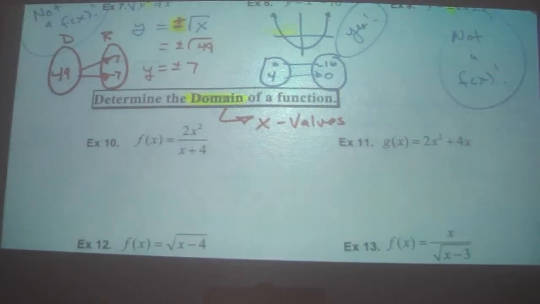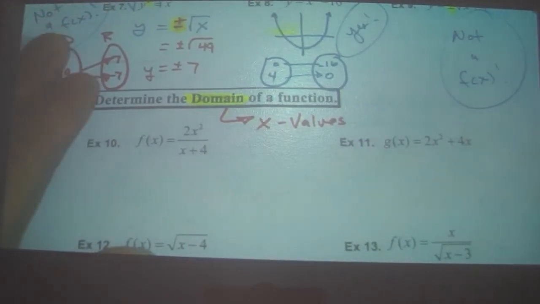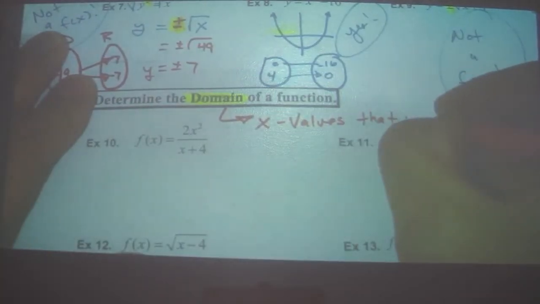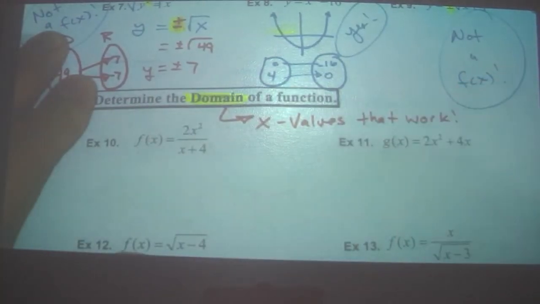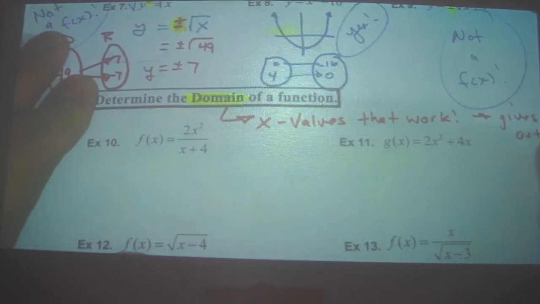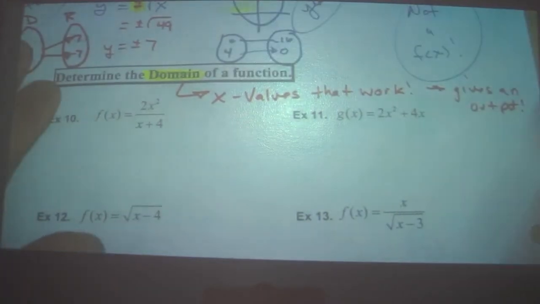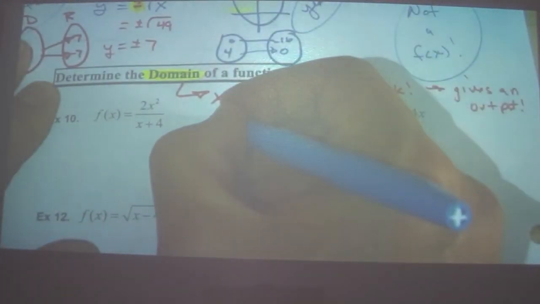Okay, so when we're talking about domain, we're trying to find x values that work, which means gives an output. We're trying to find x values that work that gives us an output. More importantly, we're trying to find really the values that don't work, because that's easier to do.